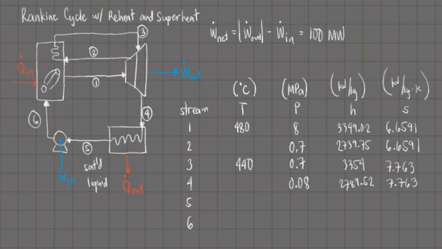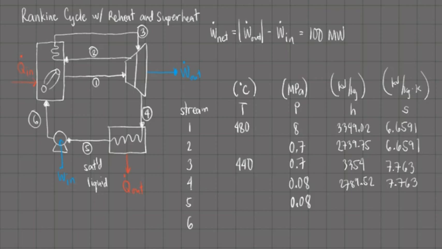The output of condensers are typically saturated liquids to maximize the performance of the plant. So if stream 5 is a saturated liquid, we only need to know one value of its parameters. And for that, we know that we can get its pressure because the condenser again is isobaric. So stream 4 and stream 5 have the same pressure. That is 0.08 megapascals.